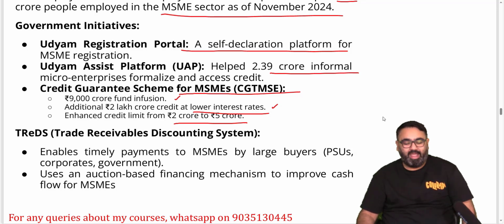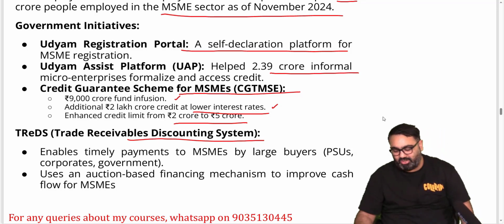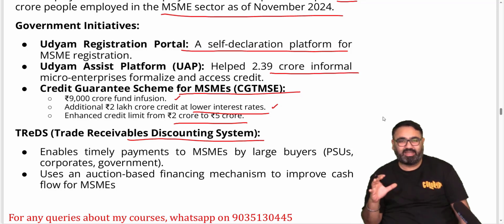The government also has given a push to the trade receivables discounting system. It's simple to understand. Let's say I am a company and I have sold products worth 100 rupees, but when I sell products worth 100 rupees, I don't get the money immediately.